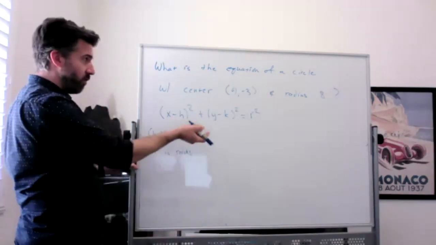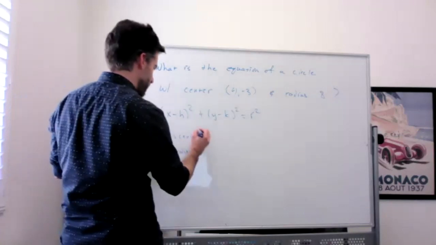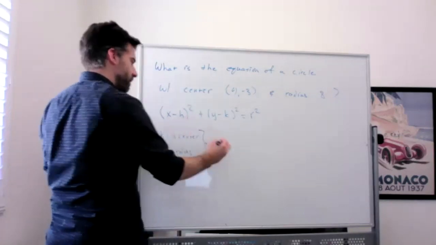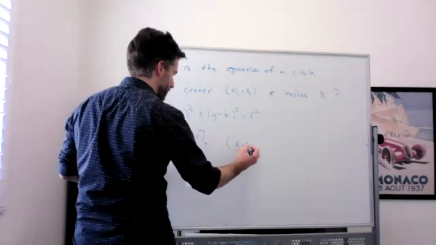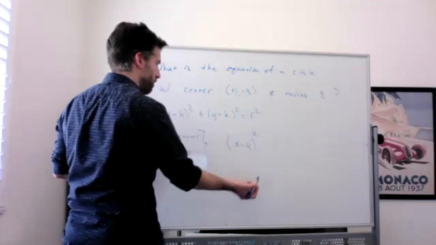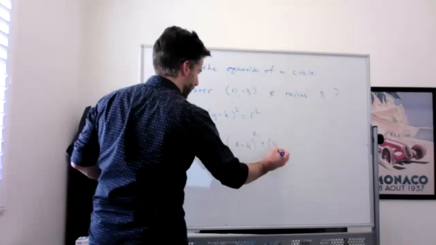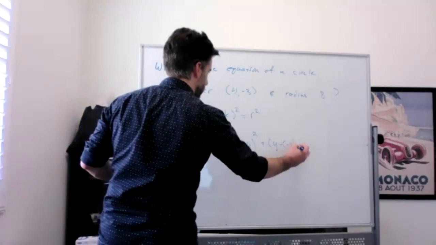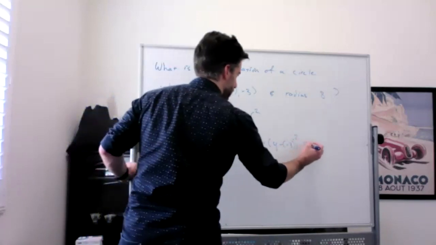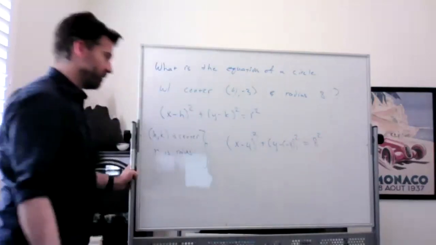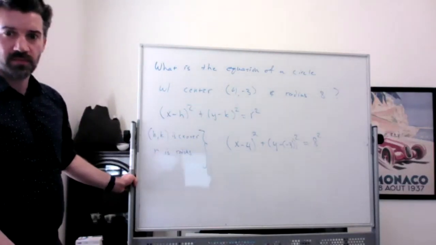So using 4, -3 as the center, that means I should have x minus 4 squared plus y minus -3 squared equal to 8 squared.